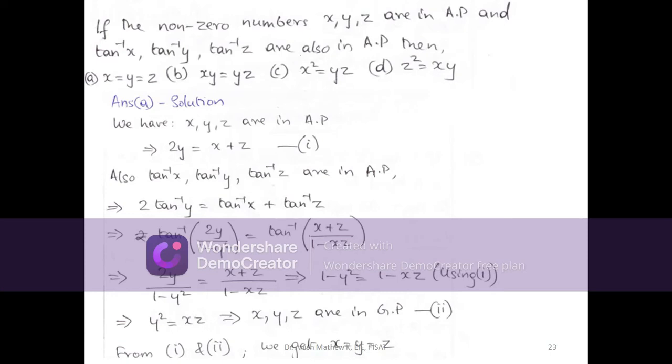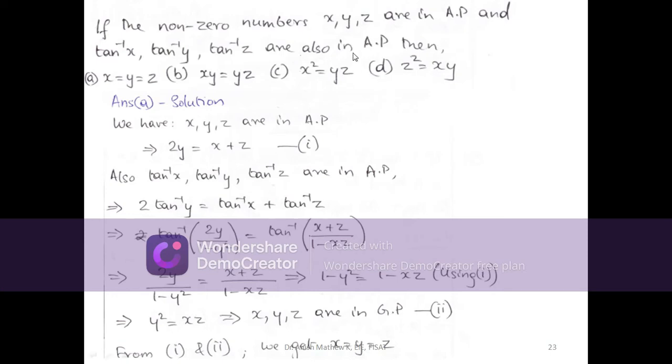Option B, x into y equal to y into z. Option C, x square equal to y into z. Option D, z square equal to x into y. So the answer is option A, x equal to y equal to z.